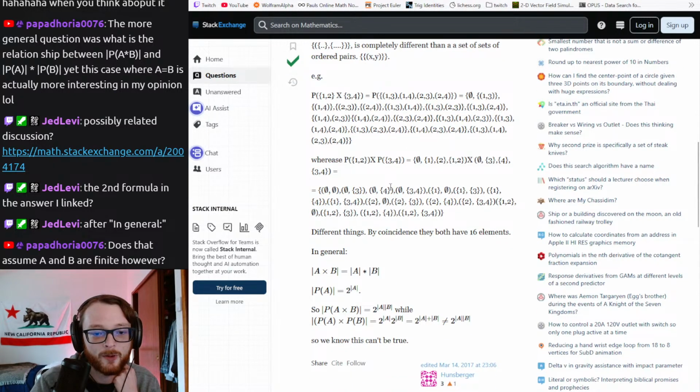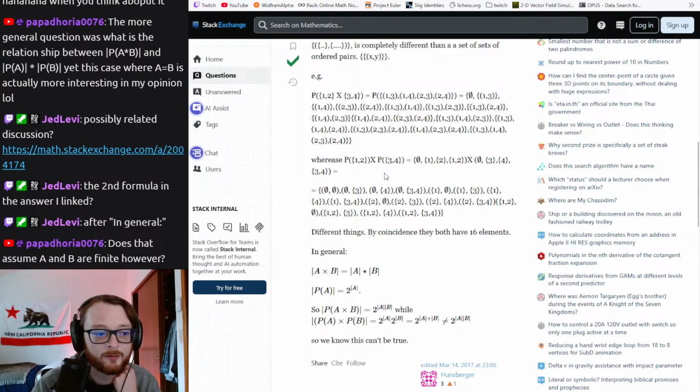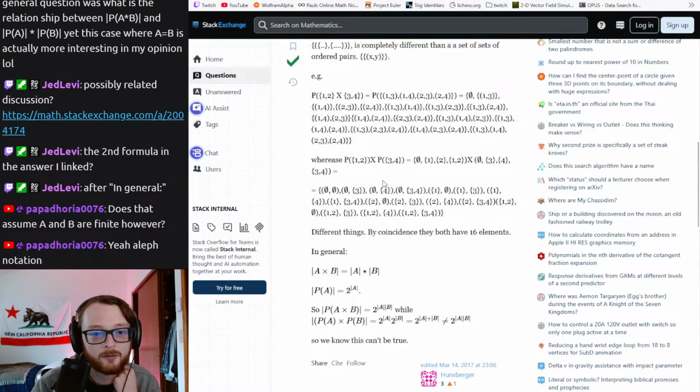It will be hard to express the difference between the cardinality of R and the cardinality of the power set of R, right? In general, yes, that's the thing I was wondering about, the relationship between A and P of A. This makes sense.